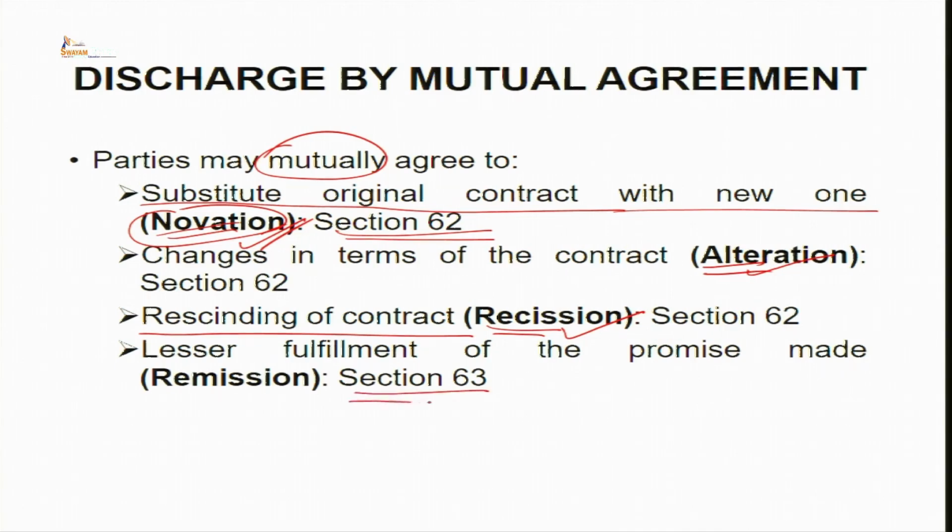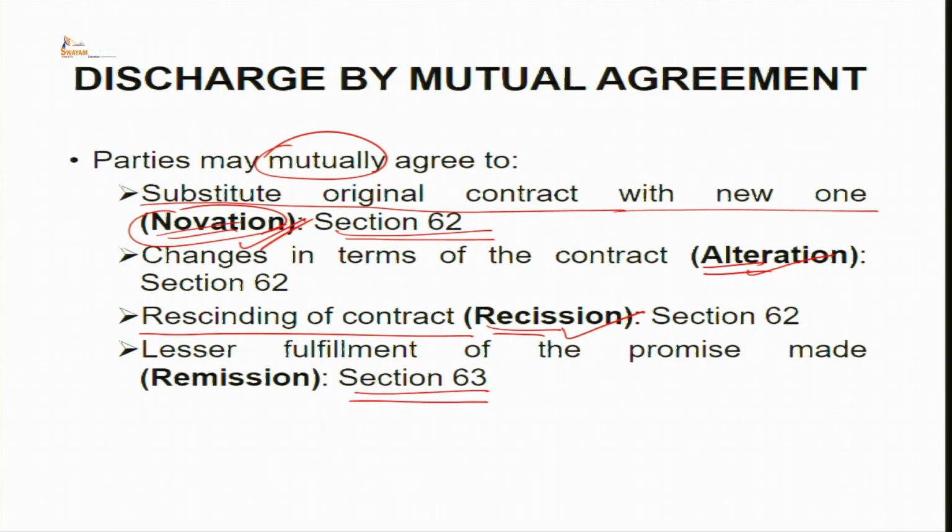Now under section 63, a concept of remission has been highlighted, which is lesser fulfillment of the promise made. That is, maybe I owe you a debt, say that debt is of 10 lakhs, right? But on the due date or around the due date, I inform you that, see, I would not be in a position to pay that much amount because I don't have it.